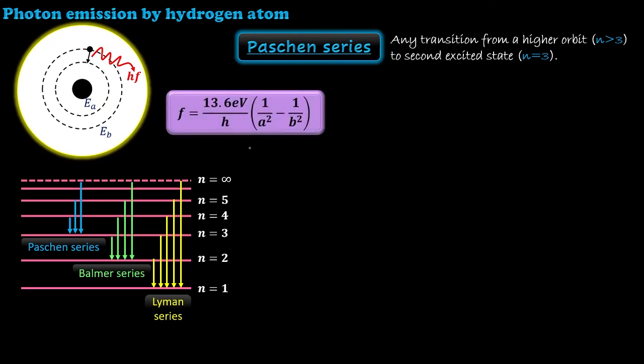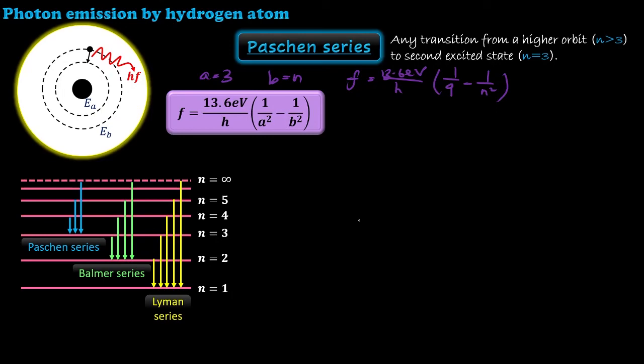Now you substitute A equal to 3, because the final state is n equal to 3, and B equal to n. You will reduce this formula to 13.6 eV over h, times 1 over 9 minus 1 over n squared. This will become the formula for the frequency of your Paschen series.